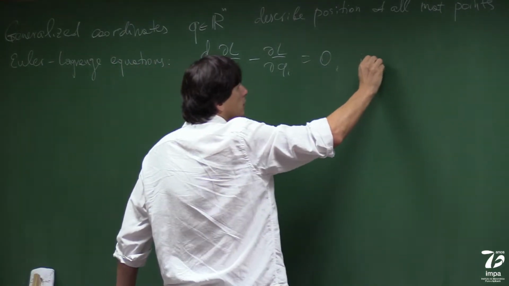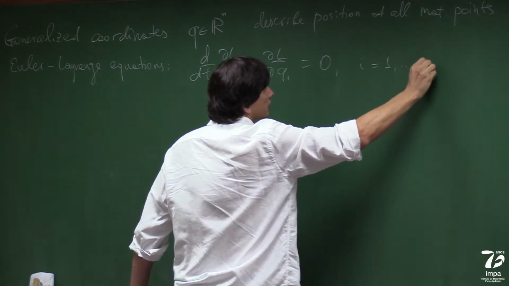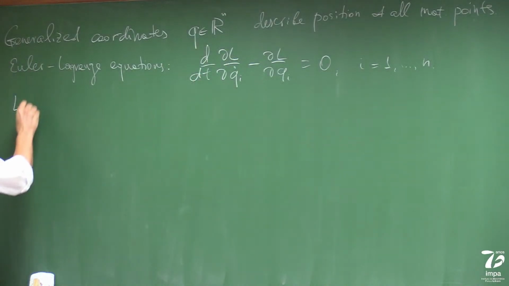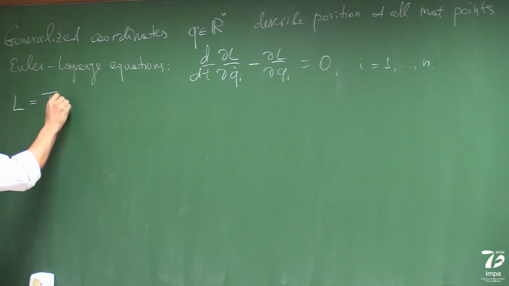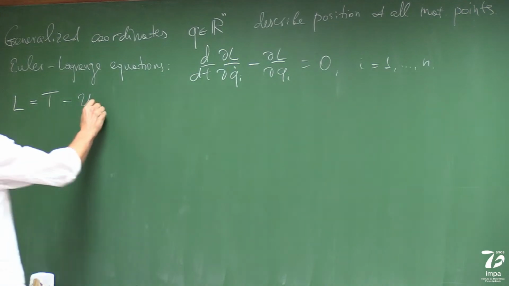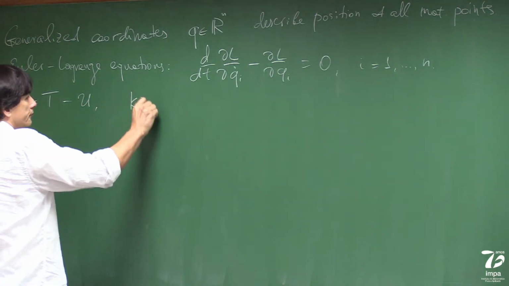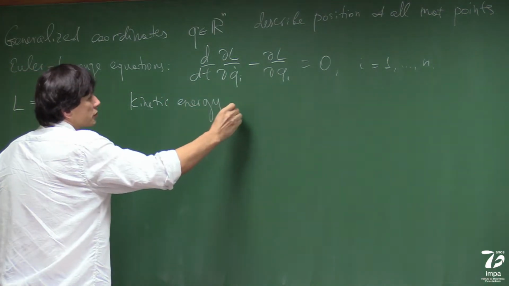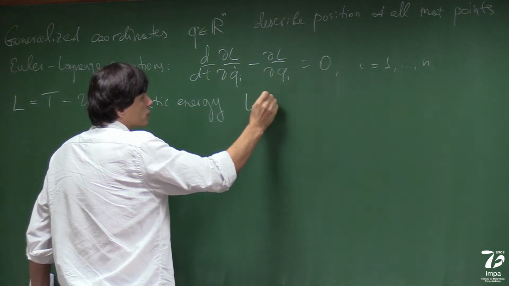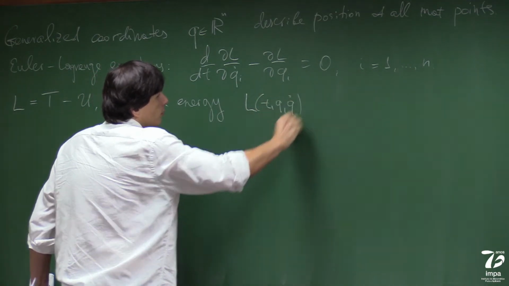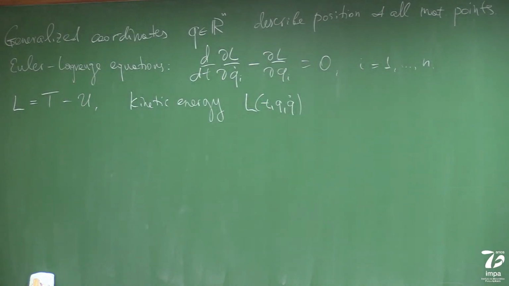So the n coordinates and n equations, and what is L here? L here is a Lagrangian function, which is always the difference between kinetic energy and potential energy. So T is the kinetic energy. In general, it can be a function of time, coordinates and velocities.